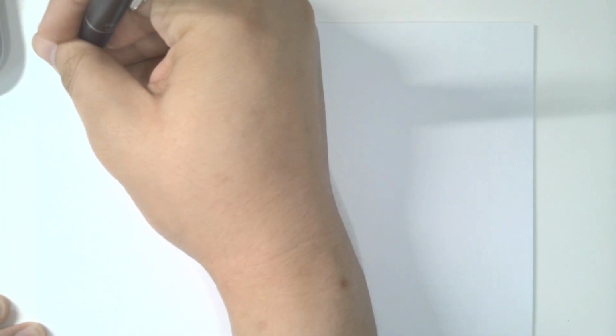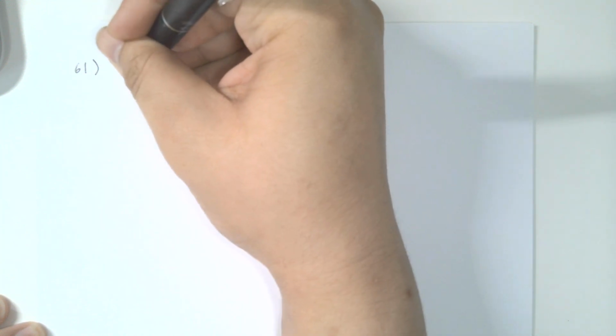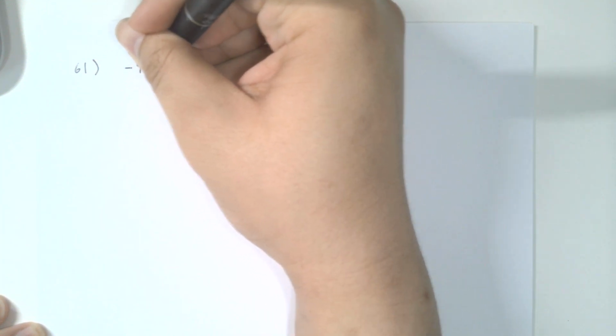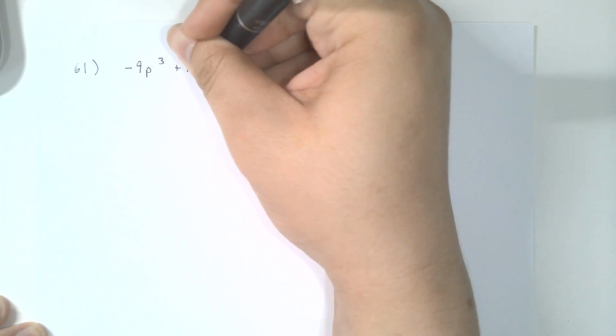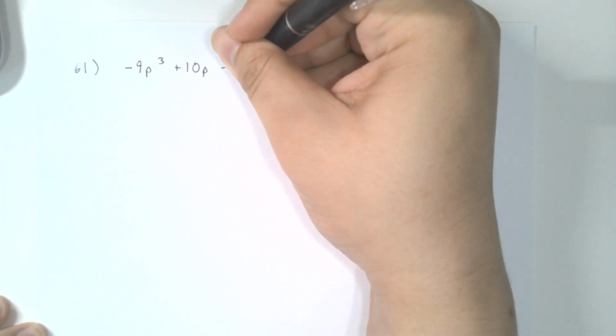The first 6 are already in standard form. For number 61, we have negative 9p cubed plus 10p minus 4.